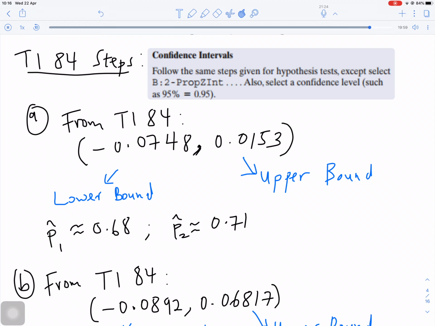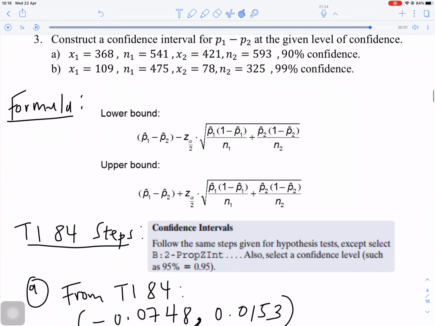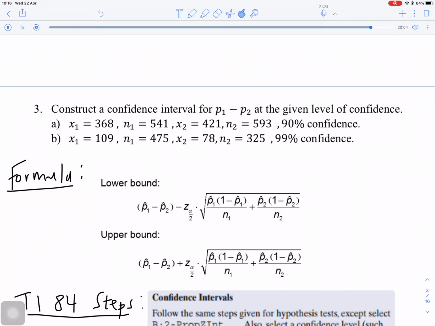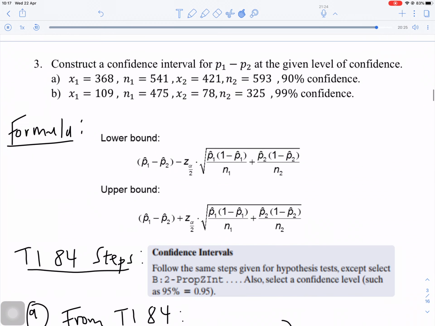Then B: X1 is 109, N1 475, X2 78, and N2 325 at a 99% confidence. Going through the process, you press Stat, go to Tests, and then option B, 2-PropZInt.